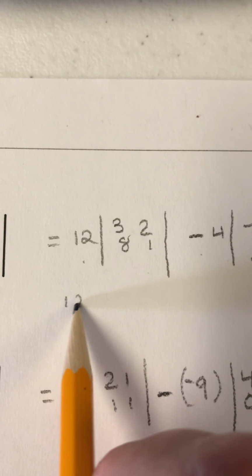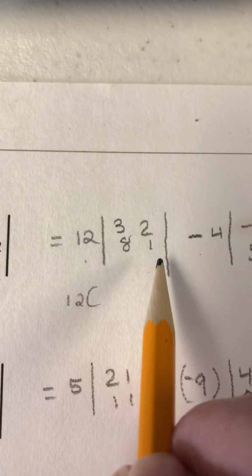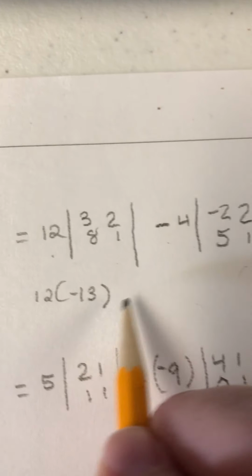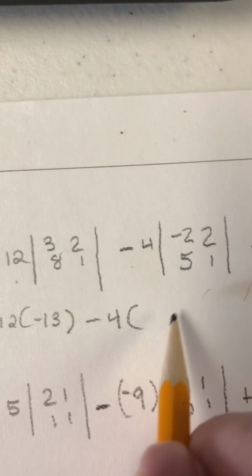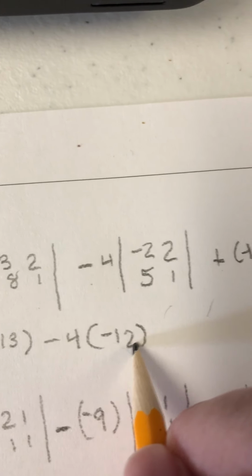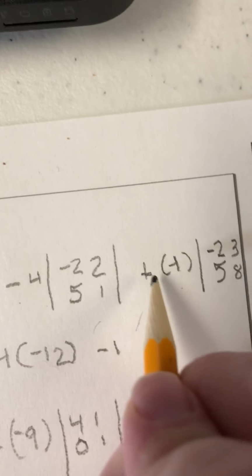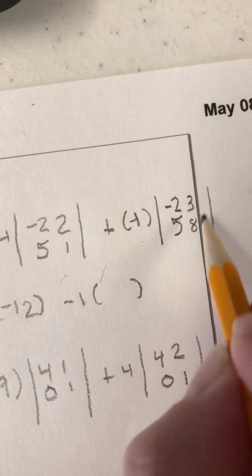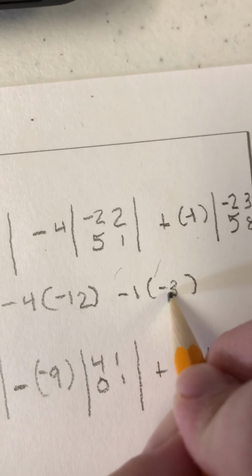So here I'll get 12, and the determinant here will be 3 minus 16, which is -13, minus 4 times -2 minus 10, -12, minus 1, that's what plus a -1 is. So I'd find the determinant here, so -16 minus 15, -31.